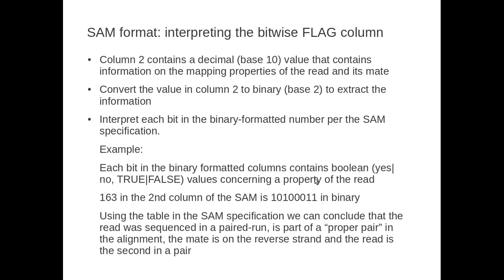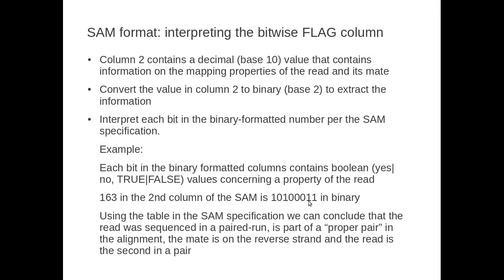Just as an example, column 1, working from right to left, is whether or not the read was paired in a sequencing run. Did it come from a paired end run? 0 would mean no, that would be a single end run. 1 means paired end.